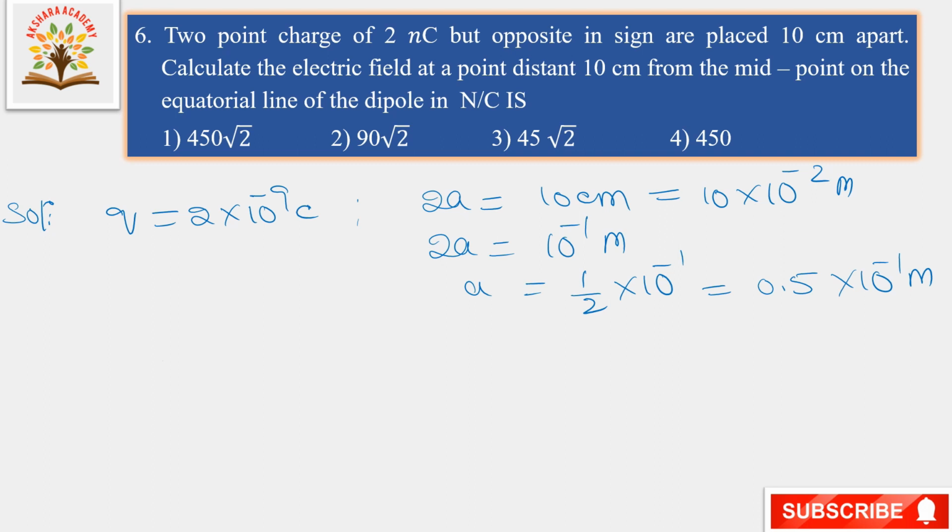So r is equal to 10 centimeters. This can be written as 10 into 10 to the power of minus 2 meters. So that is equal to 10 to the power of minus 1 meters. And we have to calculate the electric field at a point distance 10 centimeter from the midpoint on the equatorial line of the dipole.